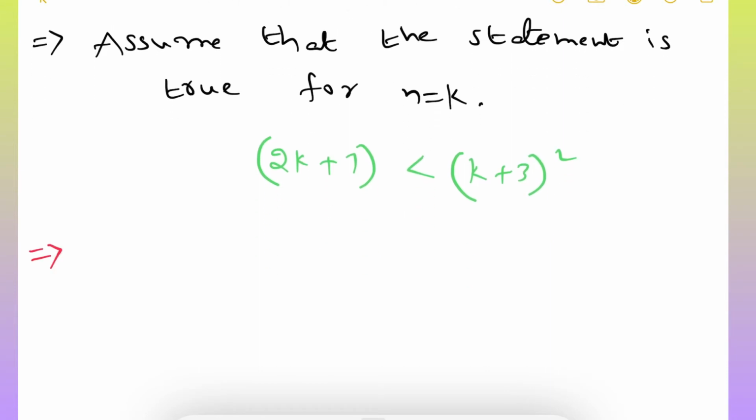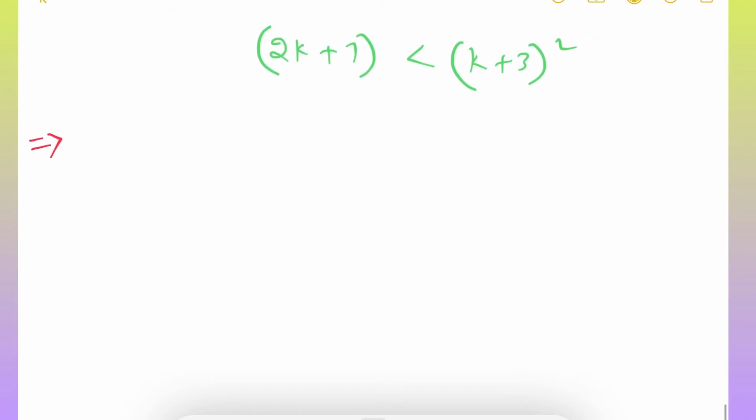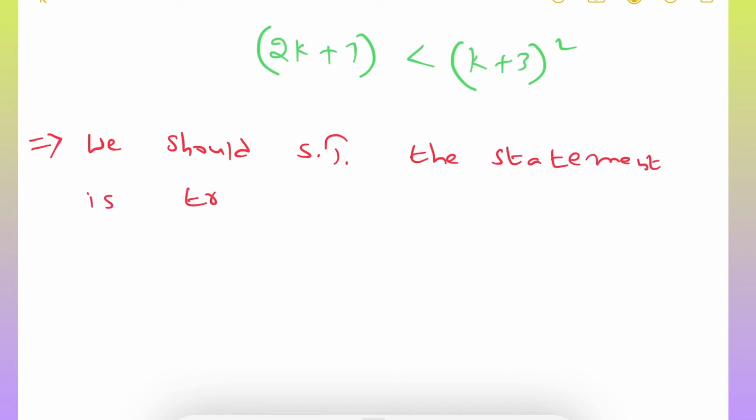Now let's move to the third step. In this third step, we need to prove that the statement is true for n equals to k plus 1 also. We should show that the statement is true for n equals to k plus 1.